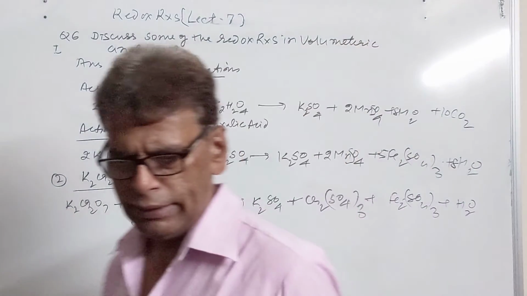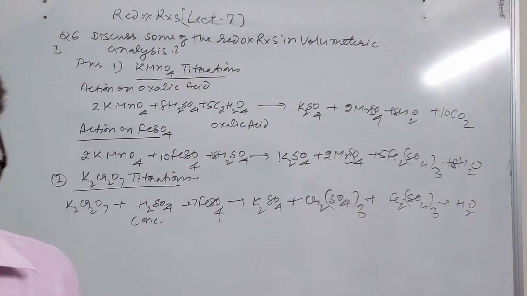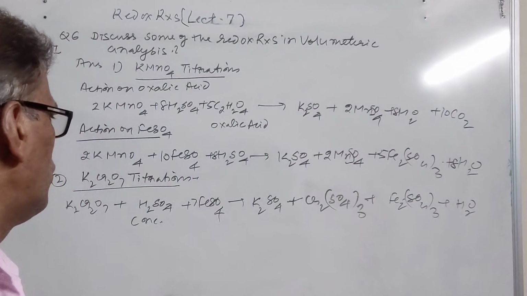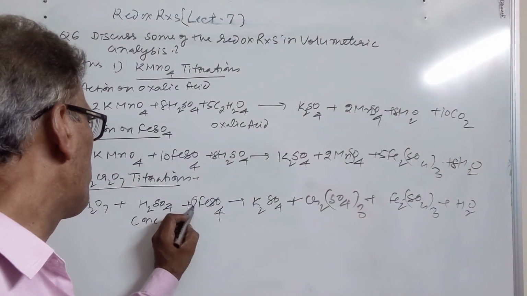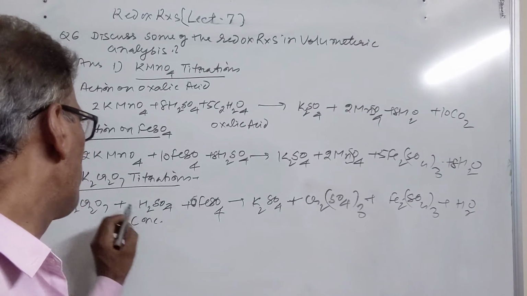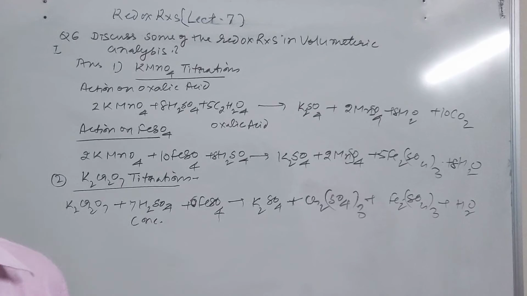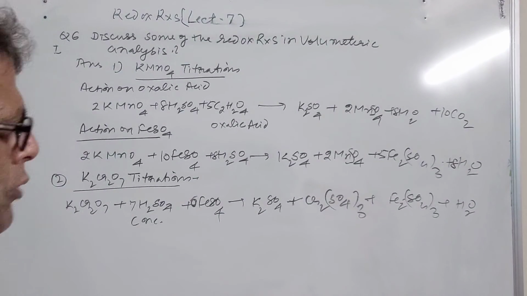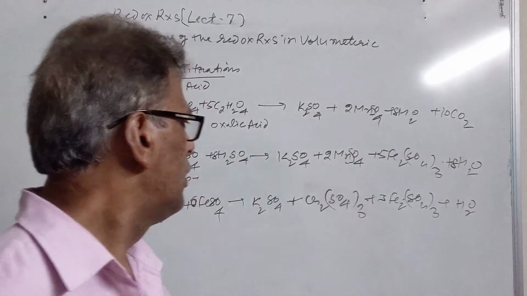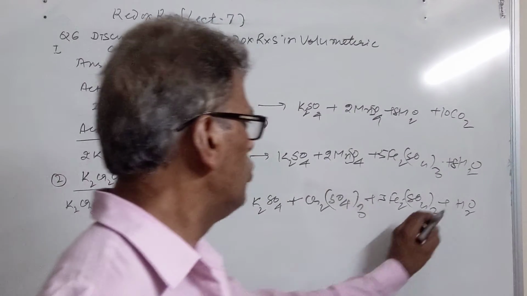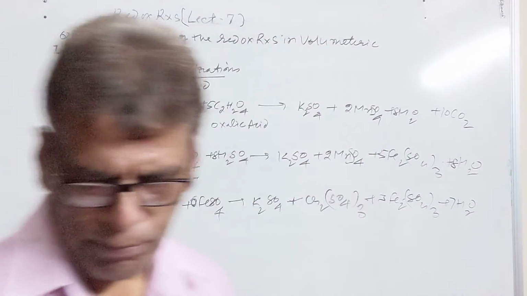Now in this reaction, K2Cr2O7 combines with 7 H2SO4 plus 6 FeSO4. It will give you K2SO4, Cr2(SO4)3, 3 Fe2(SO4)3, and along with that you will be getting water molecules. So 7 water molecules will be formed in this reaction.